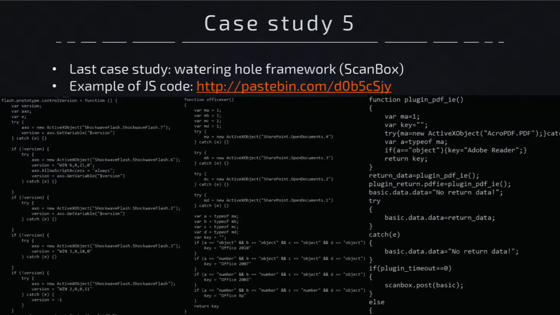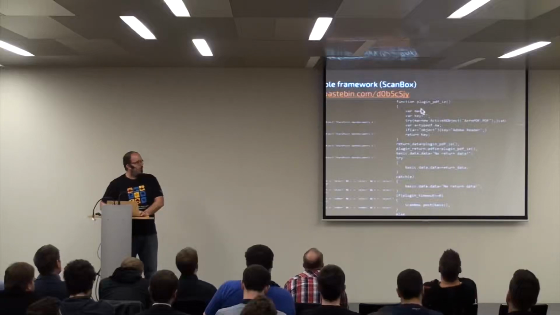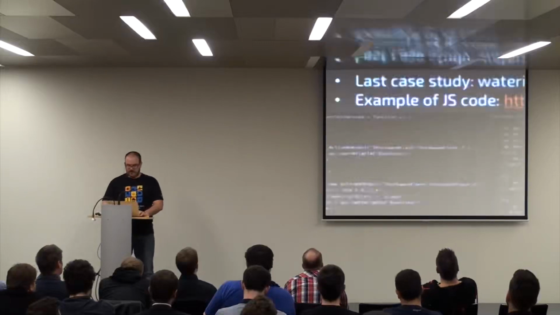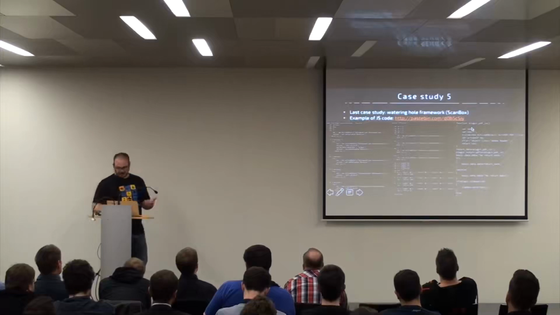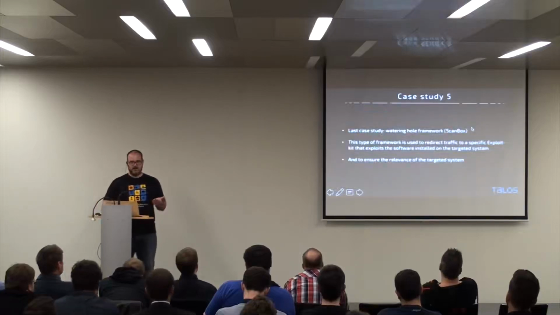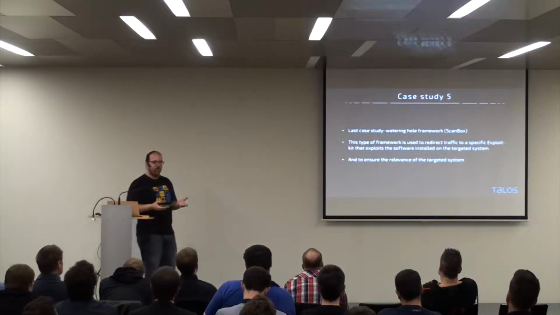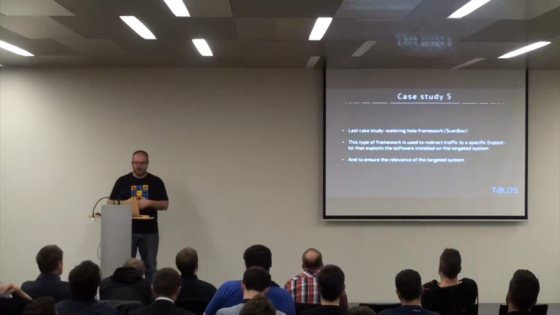This one, for example, is to get the PDF plugin inside of Internet Explorer to have the exact version of it. If the information collected was correct, the bad guys were able to drop a specific exploit for the right version, like exploit kits generally do.